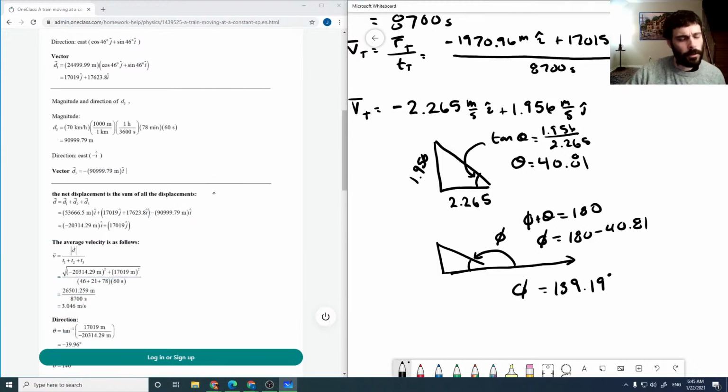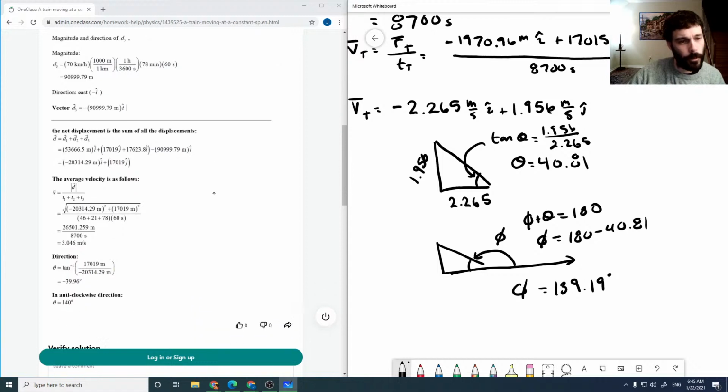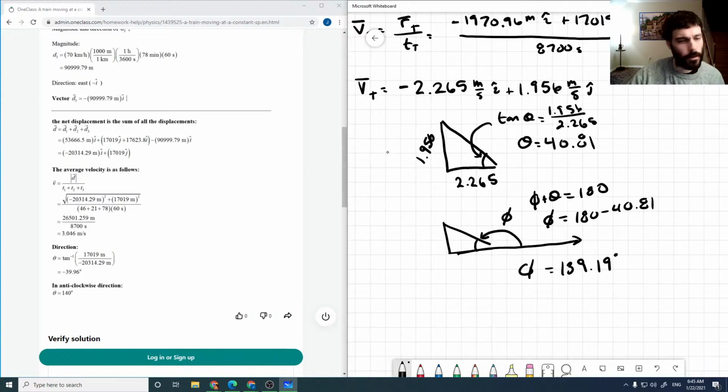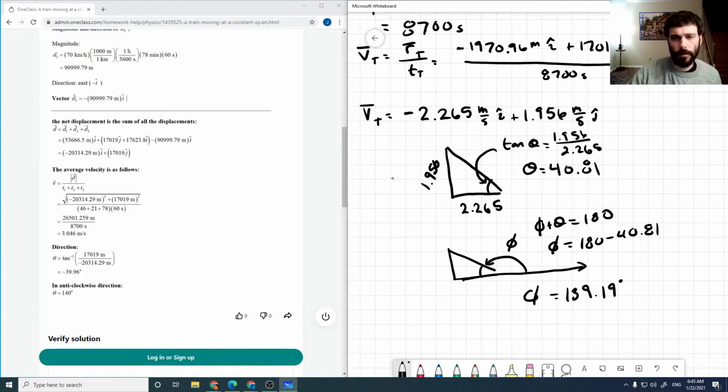So if we check the solution, we get our total displacement, our average velocity. I guess I could have done the magnitude.